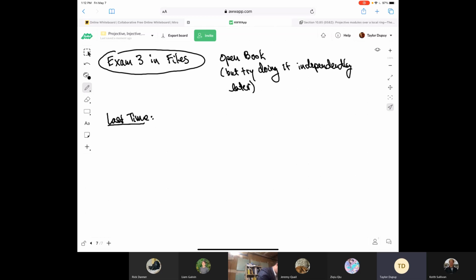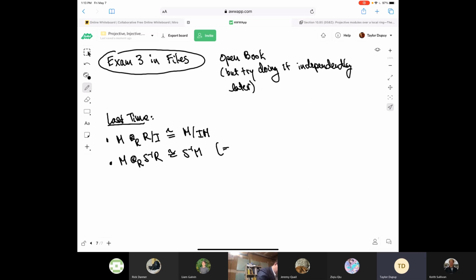We did this one, that M tensor R mod I is the same as M mod IM. We also did M tensor, if we localize, this is the same thing as the localization.